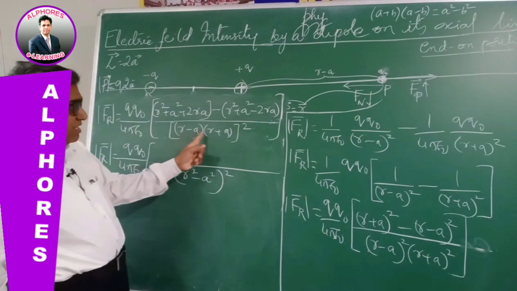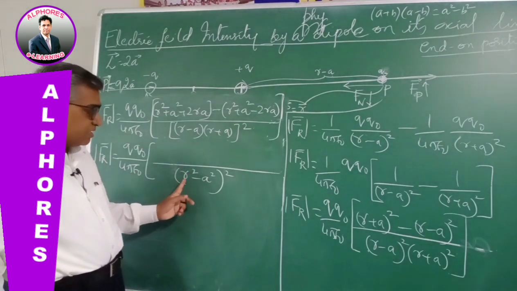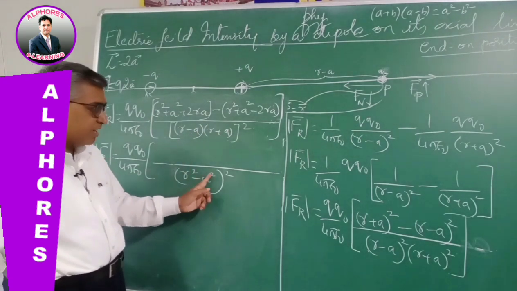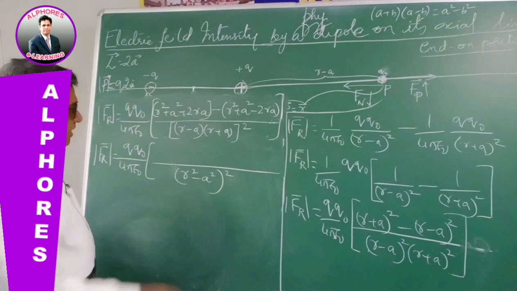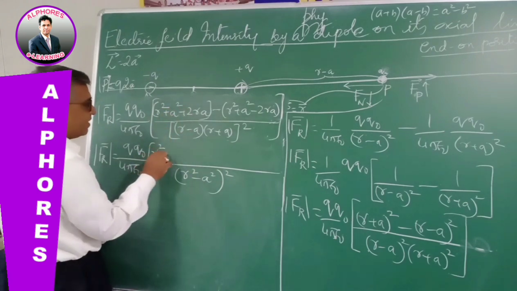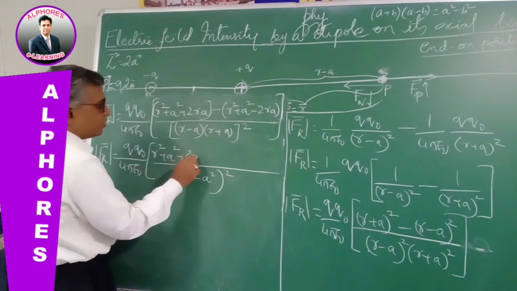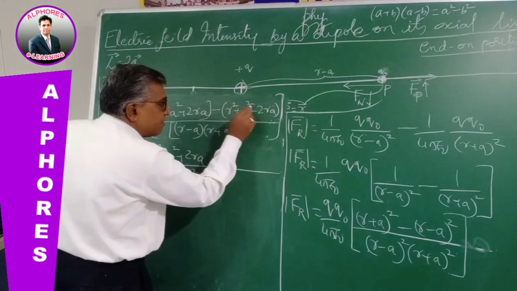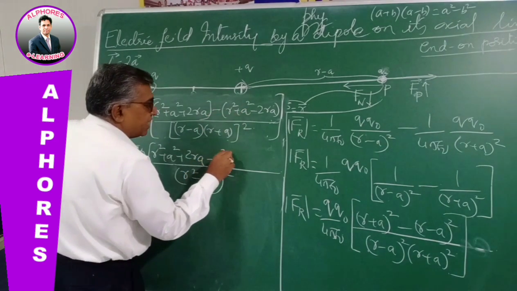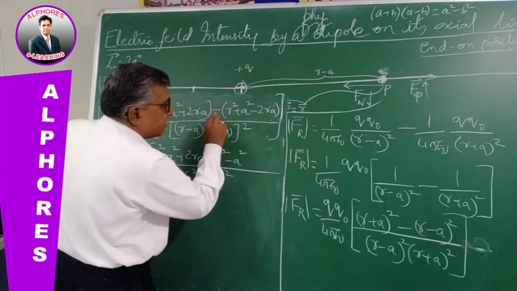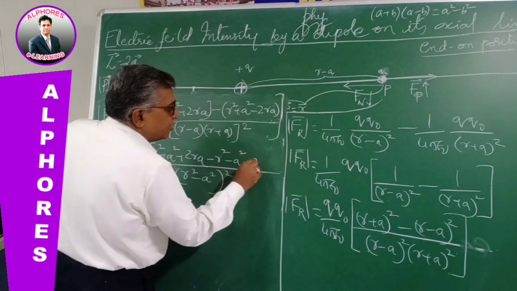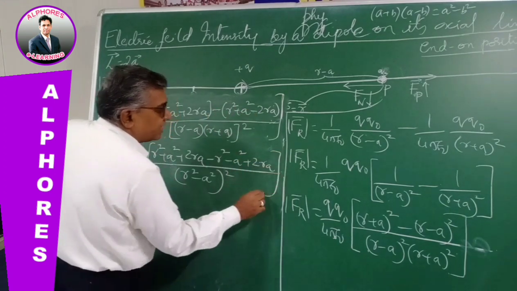So in the denominator, this is a plus b into a minus b, that is a square minus b square, r square minus a square whole square. And in the numerator, it is r square plus a square plus 2ra, multiplying minus into the bracket. It's minus r square minus a square, minus of minus here is plus 2ra, like this.